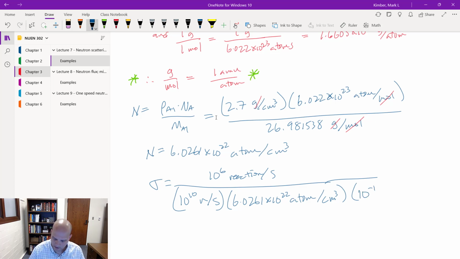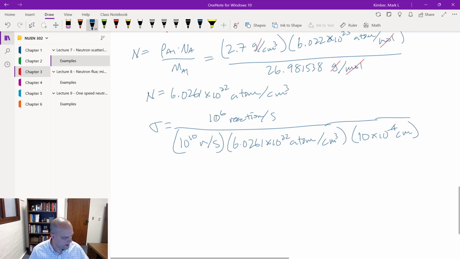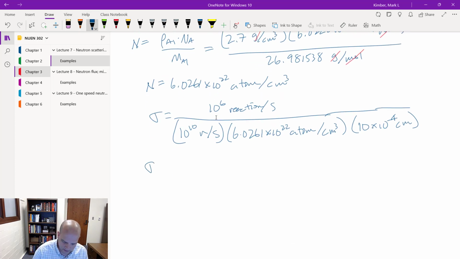The thickness of the slab. So that's 10 times 10 to the minus 4 centimeters. So the units of this that we're expecting is going to be a unit of area, and we find out that sigma is going to equal 1.6594 times 10 to the negative 24th centimeter squared.